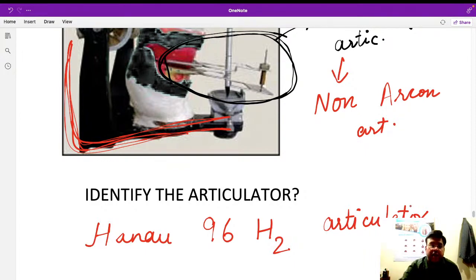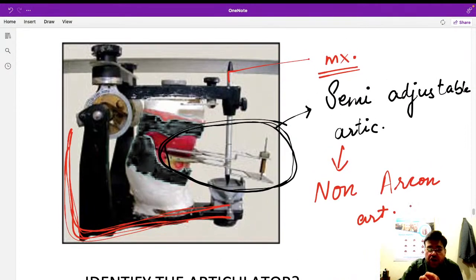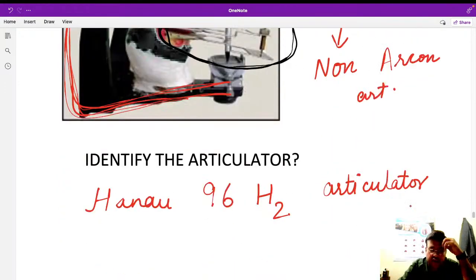So I have given you that answer. This is one of the most commonly used articulators in prosthodontics, right? One of the most commonly used articulators is Hanau 96H2.